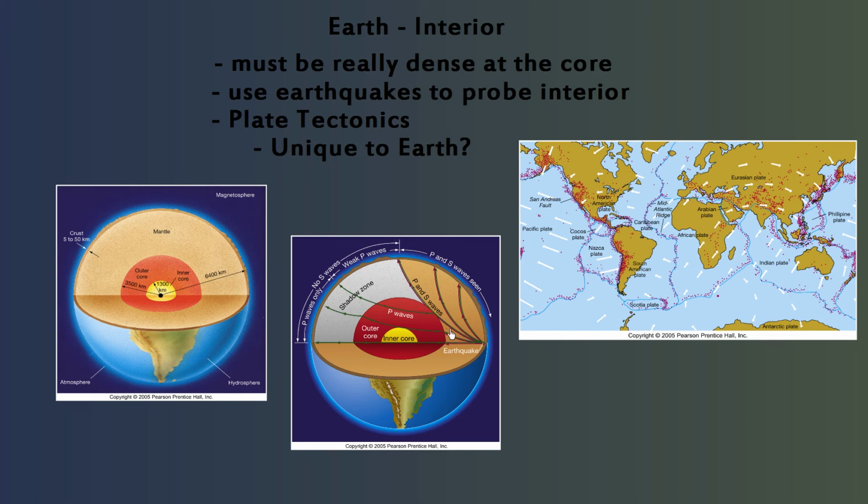That must mean that there's some sort of liquidy material, and that has allowed us to map the inside of our Earth and determine that there's a liquidy core, and a non-liquidy, solid or semi-solid mantle, depending on where you're at. And we think we know the size of these pretty well, and you can see them here. No need to memorize that.